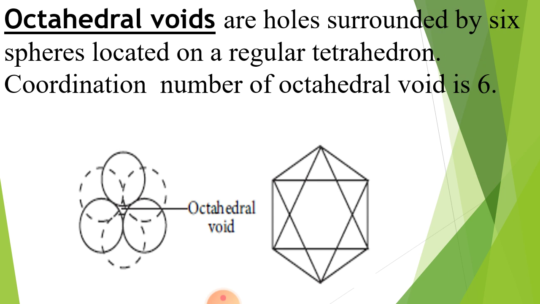Now octahedral voids. These are the holes surrounded by 6 spheres. In case of structure, 6 means octa, located on a regular octahedron. Look at the diagram.